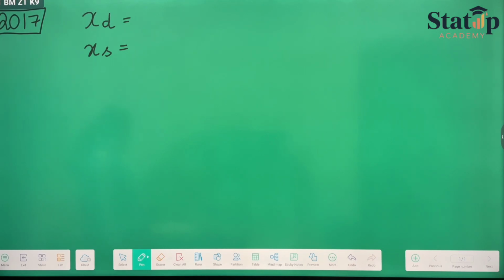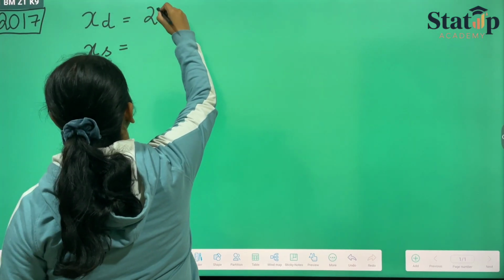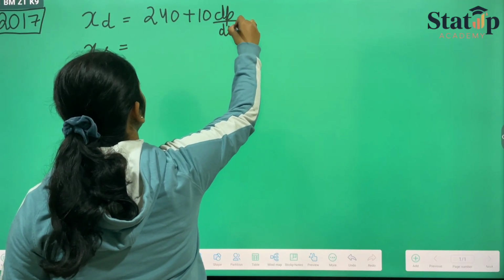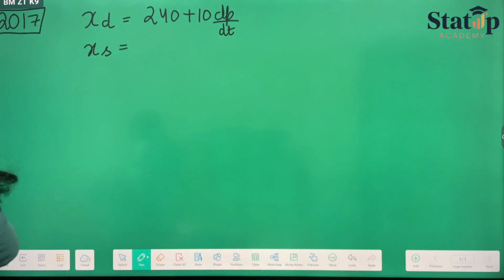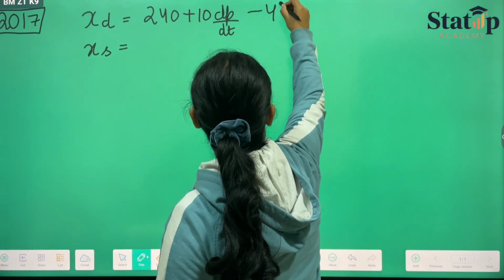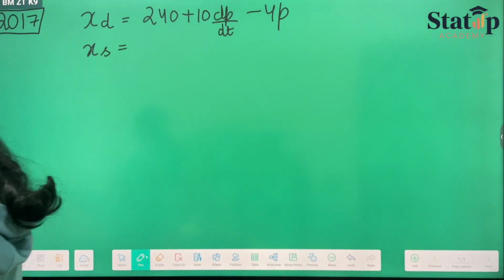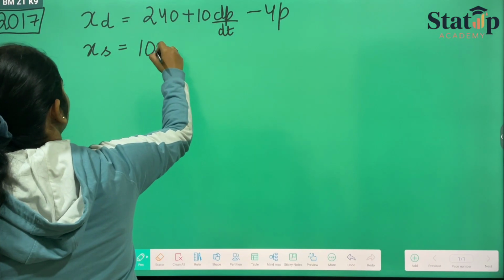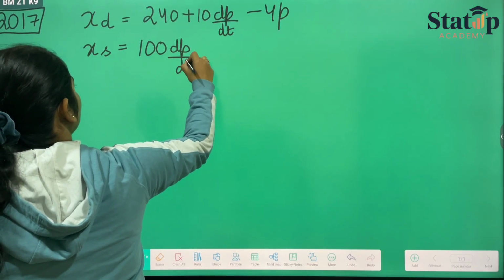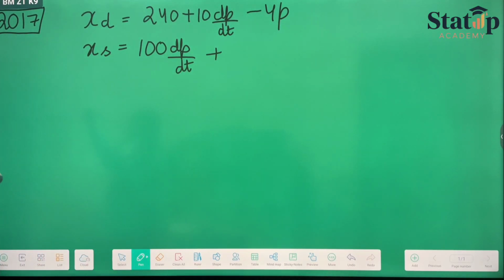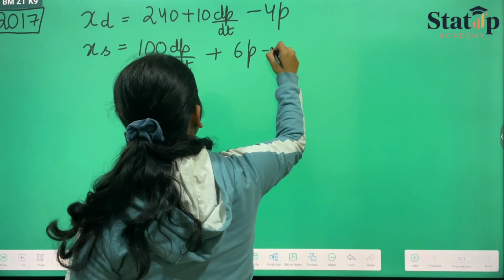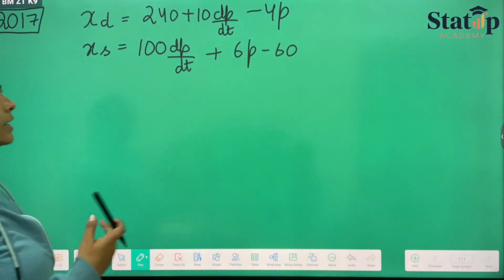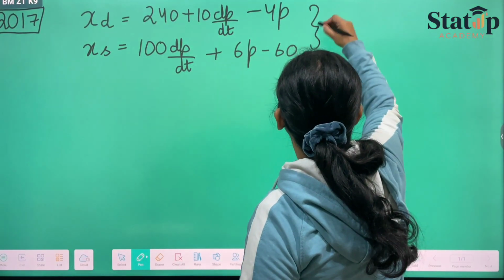The demand function is 240 plus 10 dp by dt minus 4p, and the supply function is 100 dp by dt plus 6p minus 60. The unit of both of them is kg per month.